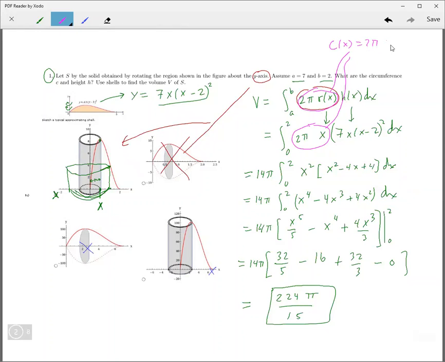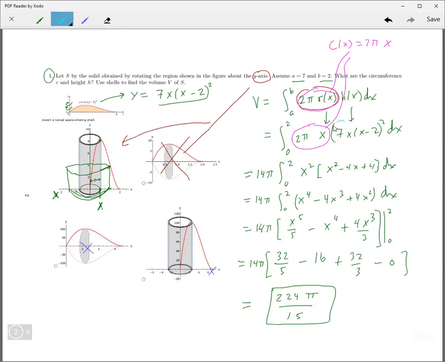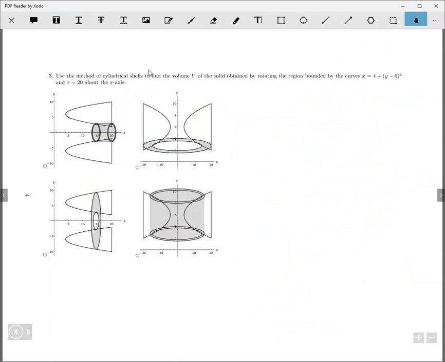So that's 2 pi x is the circumference. And it's also asking for the height, h of x. And h of x is all this. It's 7x times x minus 2 squared. Okay, great. Let's go on to number 3.